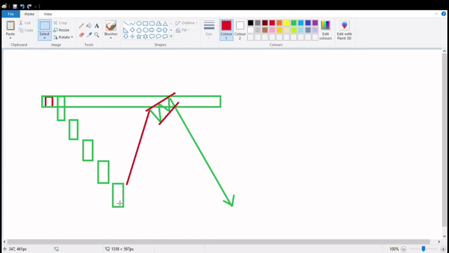Therefore, price goes back up to our supply zone. That's where we wait to enter on a lower time frame.